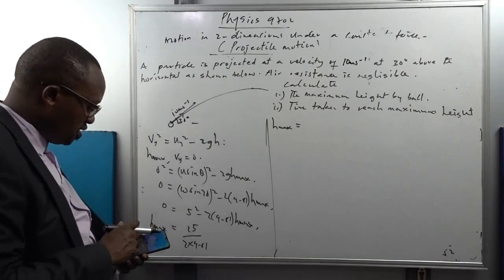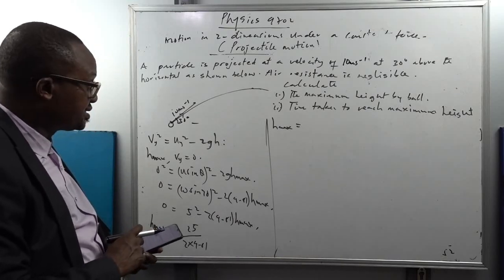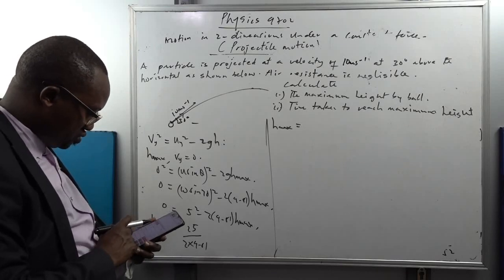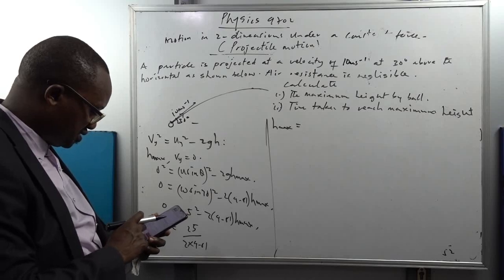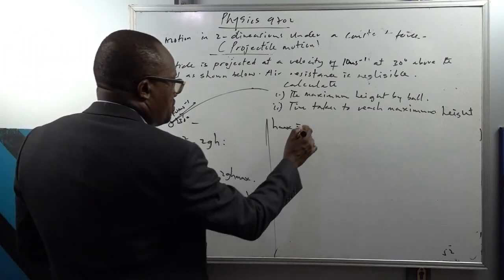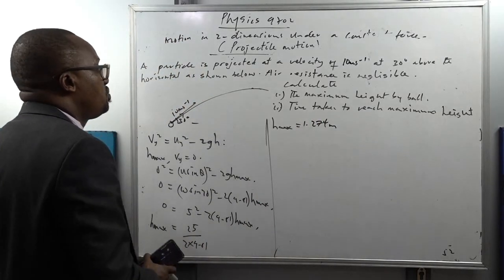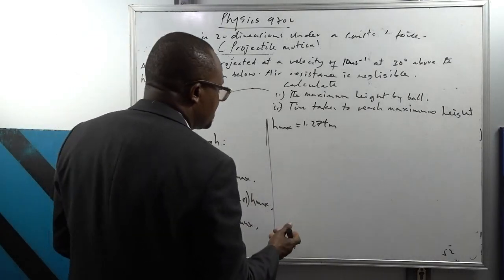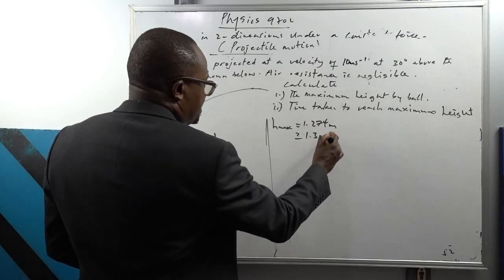To get the exact value, we have 25 over 2 times 9.81, so that is exactly 1.274 meters. If I round this to 2 significant figures, I write it as approximately 1.3 meters.